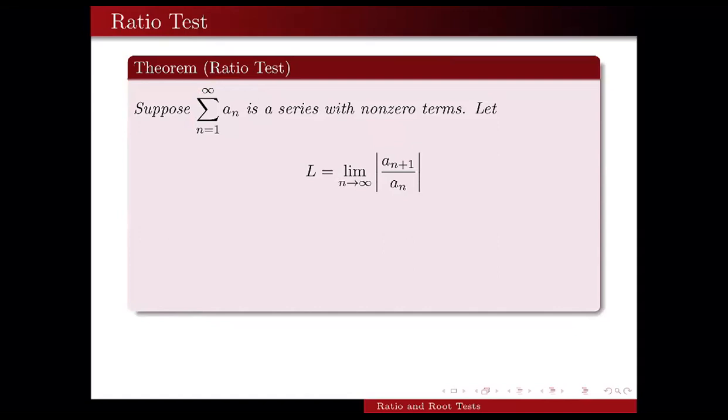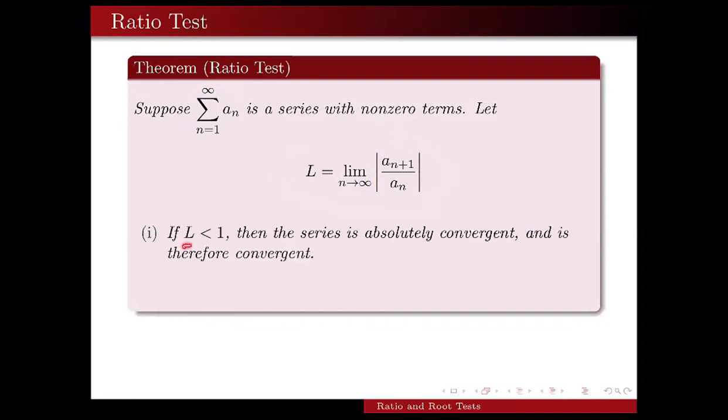So any general series. We consider the ratio a sub n plus 1 over a sub n, get the absolute value of that, and find the limit. Let L be the limit of that ratio.